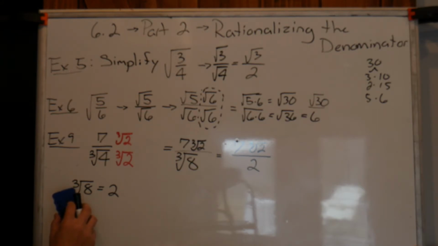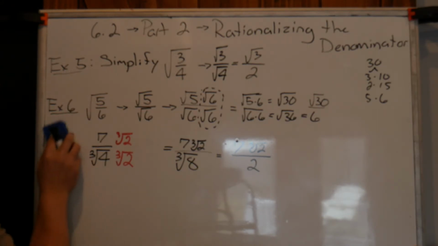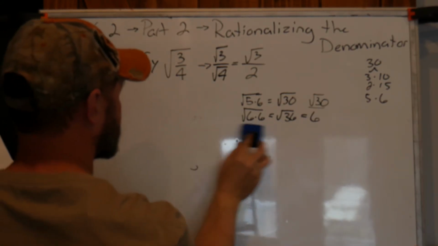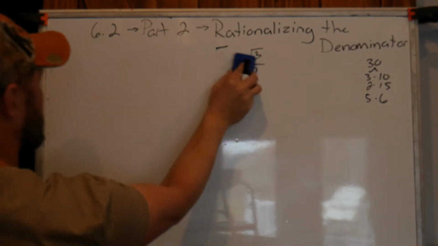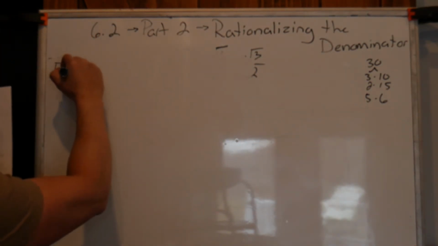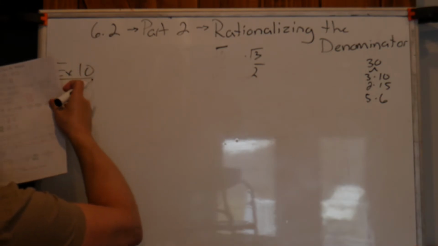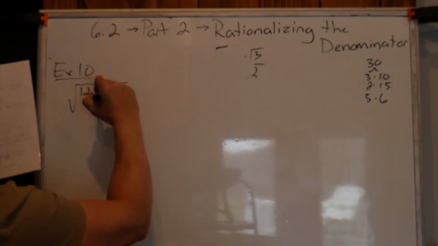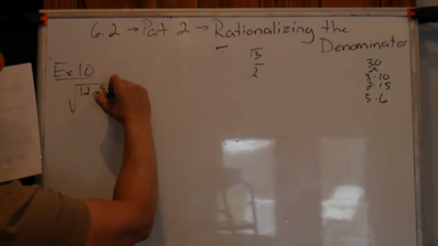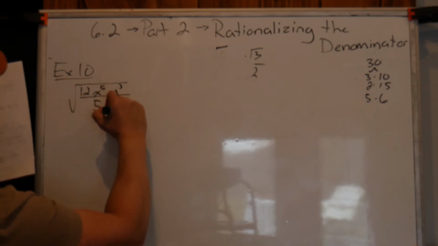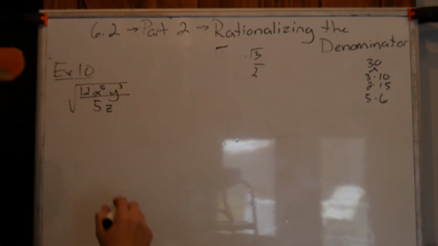We only have one more to do. We'll do example 10. Hopefully we get through example 10. We use the same thought process that we just used, where they give us square root of 12x to the 5th y cubed over 5z.